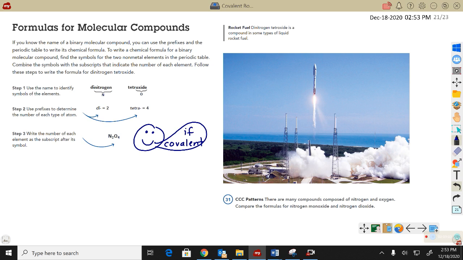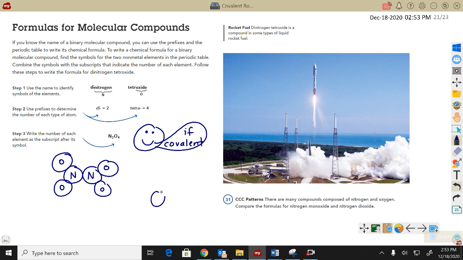That's why sometimes we call them molecular compounds. This would just be 2 nitrogen atoms and 1, 2, 3, 4 oxygen. And that's just the true structure of the molecule. It just is a bigger molecule that has 2 nitrogen and 4 oxygen.